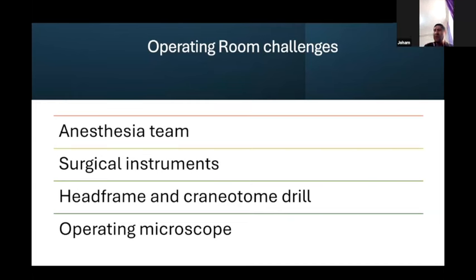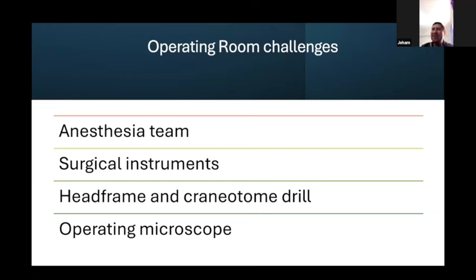First of all, because they were not used to the special positions we use in neurosurgery. For example, I think for the anesthesia team it is very complex to do a sitting position. They have a lot of fear of air embolism and all this, and they don't want to do it. So we don't use this position here, even though I know how to place the patient.